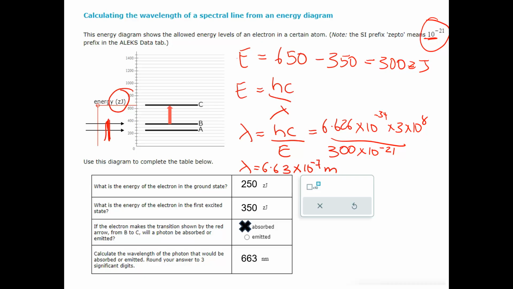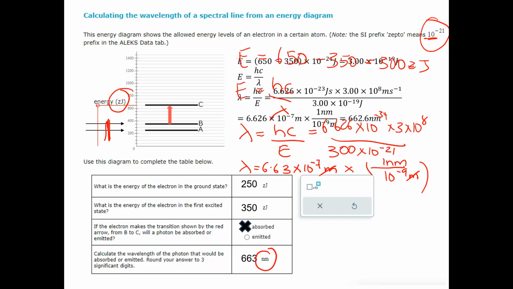Now, the problem asked for it in nanometers, so I had to do a little bit more math and get that into nanometers. So that's pretty easy though. 1 nanometer is 10 to the minus 9 meters. And then we were done, and that's how we arrived at the answer there. So a longer, maybe perhaps exam style question here.